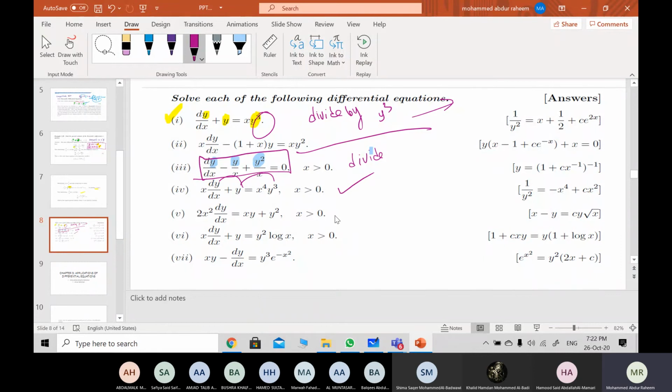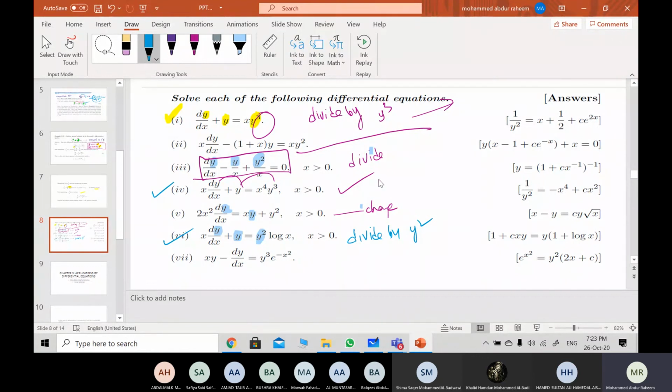This is not in standard form. We need to change something before. This is okay. This is in standard form. Okay, so direct divide by y square. No problem.